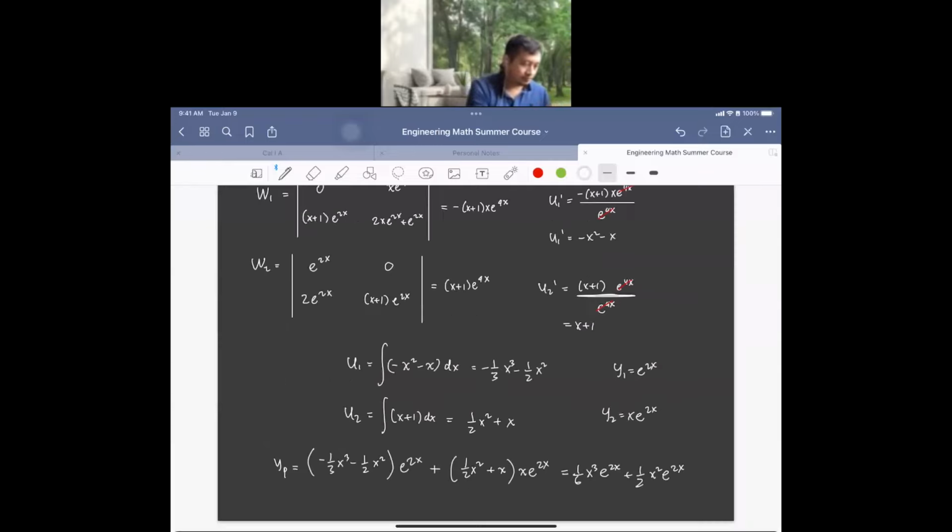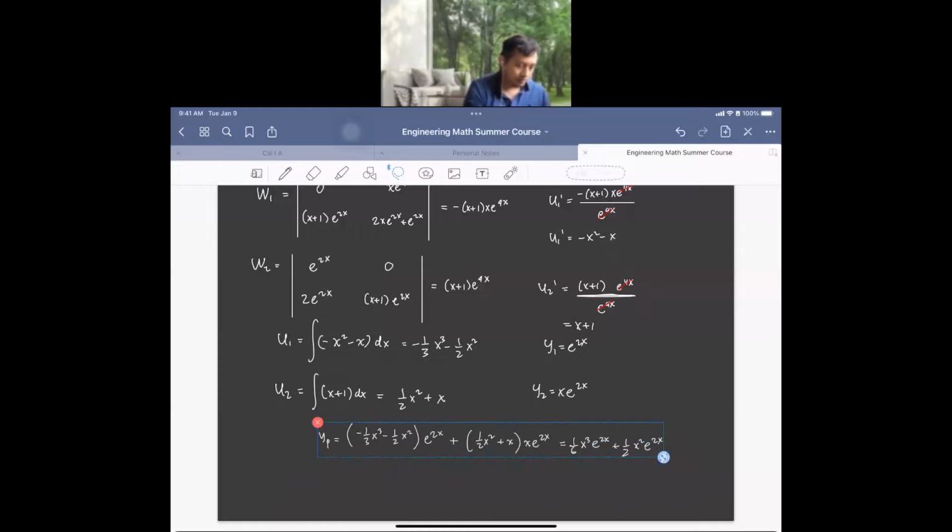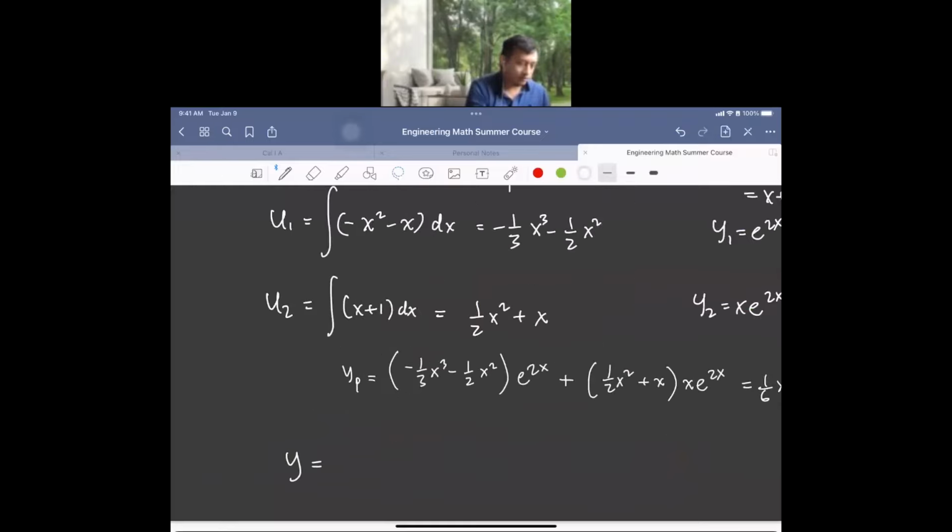But remember, this is just the yp. For the general solution, we need to include the homogeneous part. Okay.